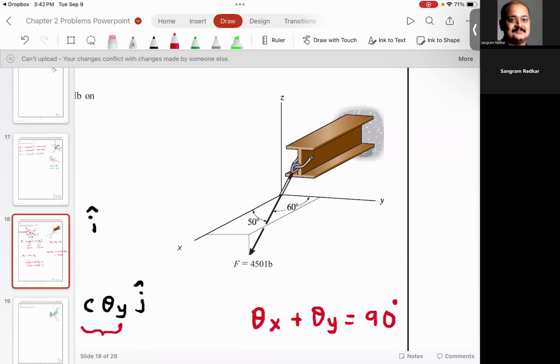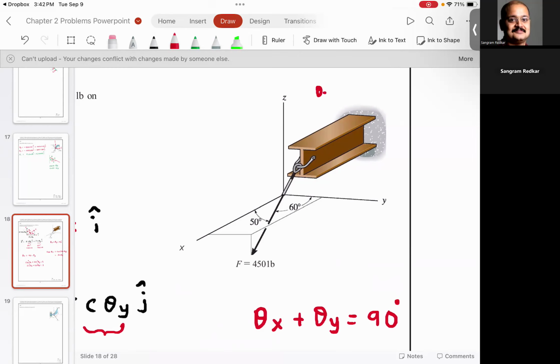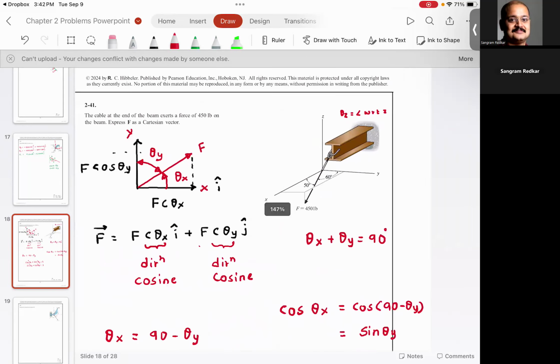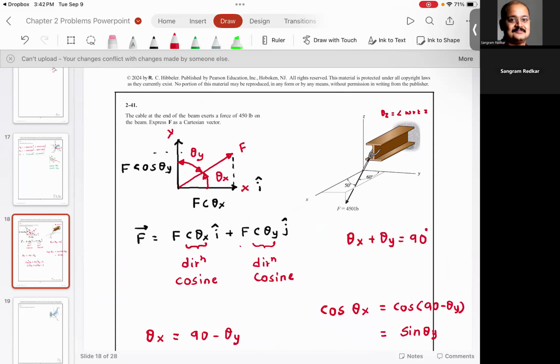However, since this is a triad, I know for a fact, if I say theta z is the angle with respect to z, I can use this relationship: cosine square theta x plus cosine square theta y plus cosine square theta z is equal to 1.